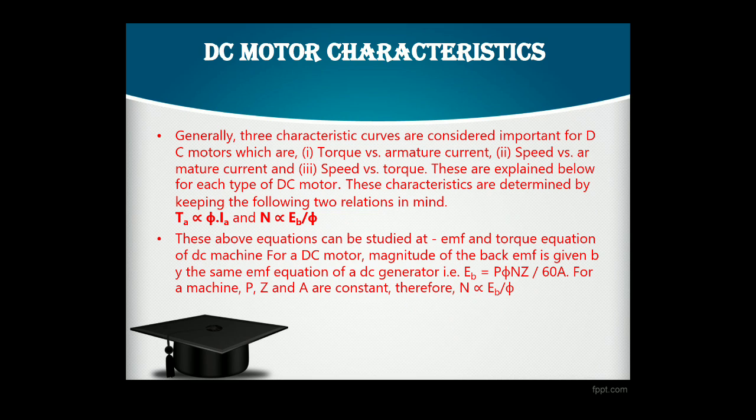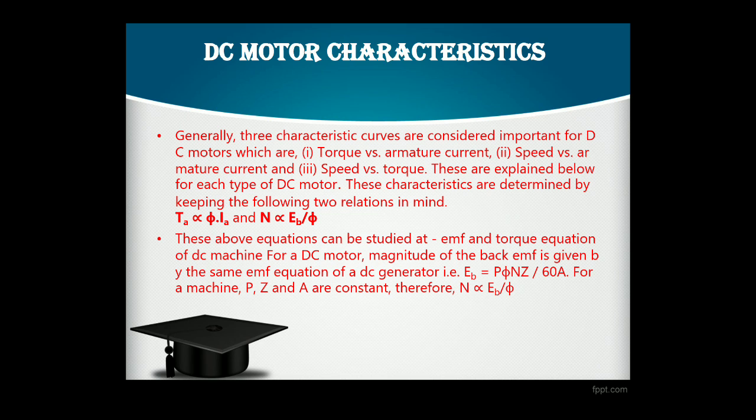The magnitude of the back EMF is given by the same EMF equation of DC generator. EB is for DC motor and EG is for DC generator, and both are the same.